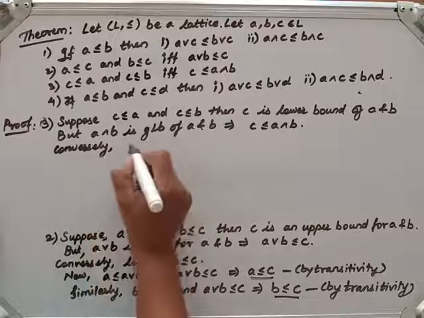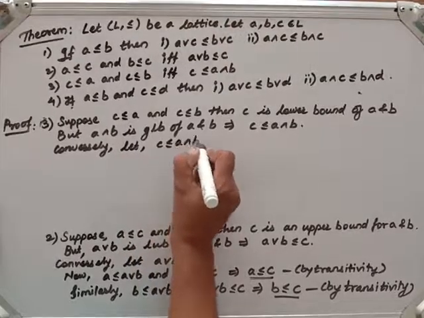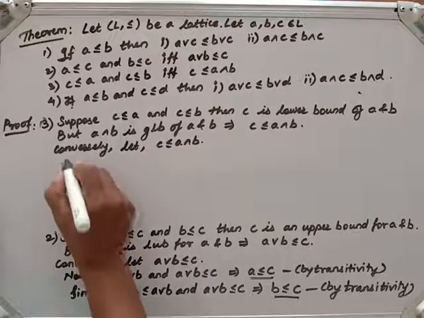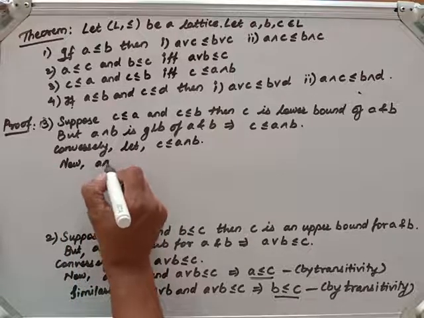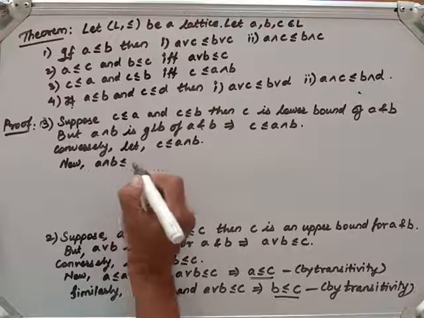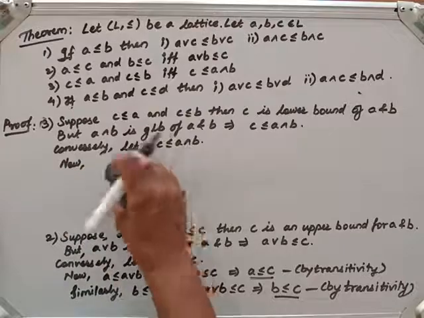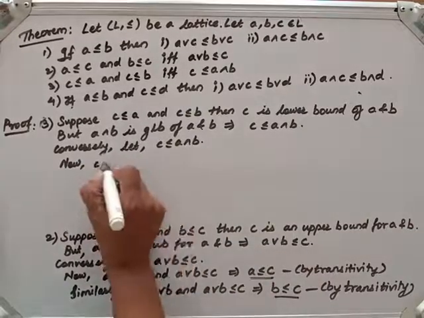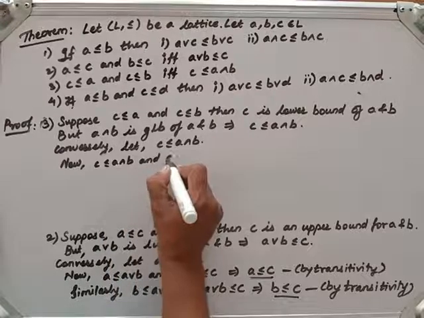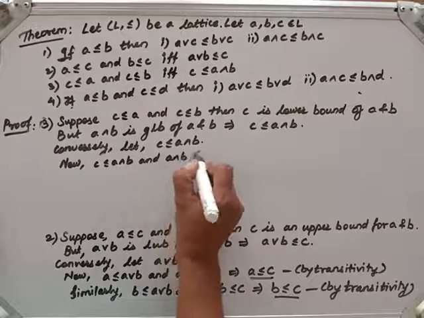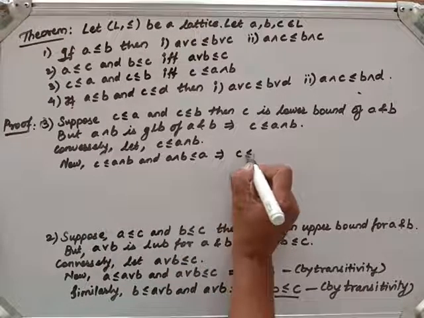Now conversely, what can we say? Let C be related to A meet B. Fine. Now A meet B is related to whom? Or let me write first this. C is related to A meet B and you know it is the greatest lower bound. So A meet B is related to whom? A. So this says C is related to whom?